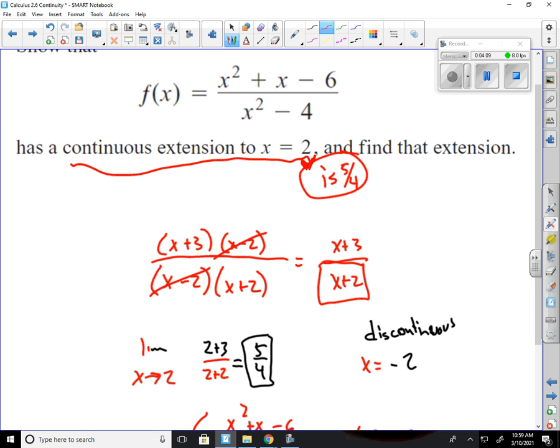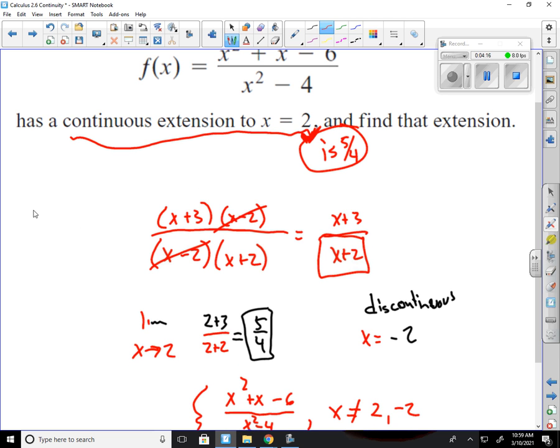I find that even harder than just doing the piecewise function. I mean, I'll accept some abbreviations. Continuous extension to x equals 2 is 5 over 4. That's fine.